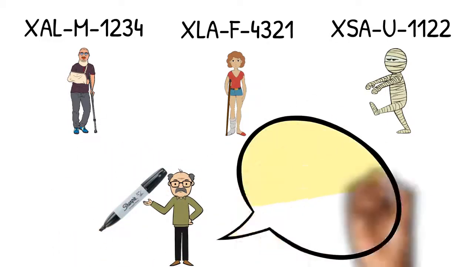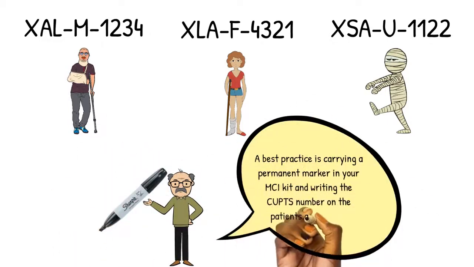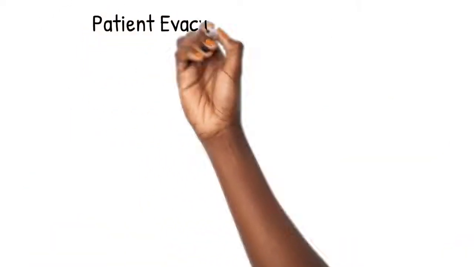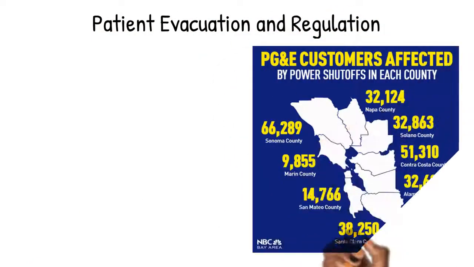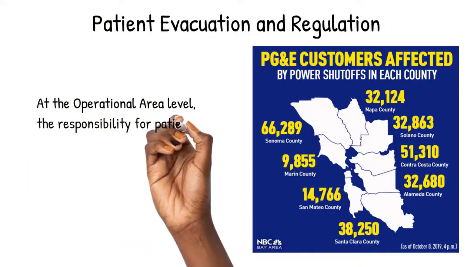So these are all examples, and really the only addition that we would ask at the field level and at the hospital level is that when you have a mass casualty, you carry a permanent marker in your mass casualty incident kit, and then you write this unique tracking number on each patient, and you also write it on the triage tag.